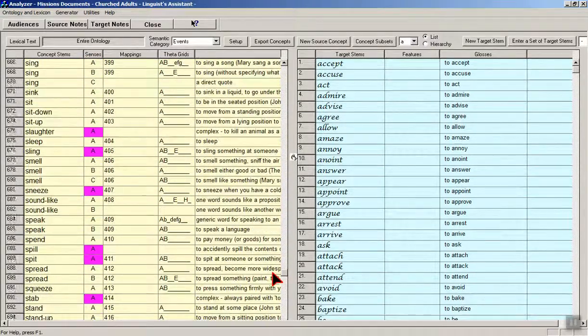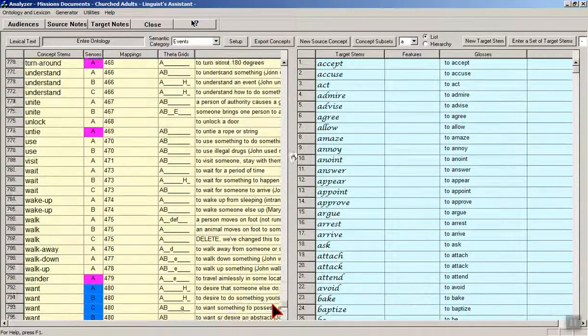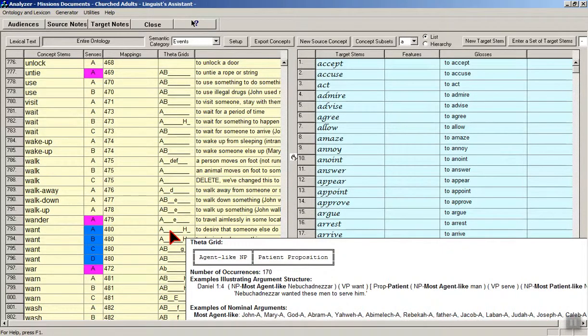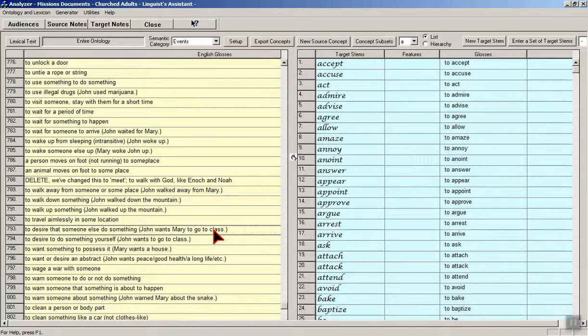So one last example, want, the verb want. So suppose you want someone to do something. Okay, so that's this sense A of want. If you go in the description or gloss, it says to desire that someone else do something.